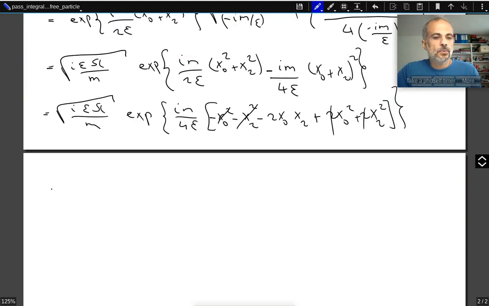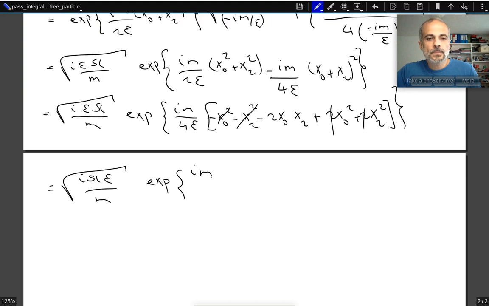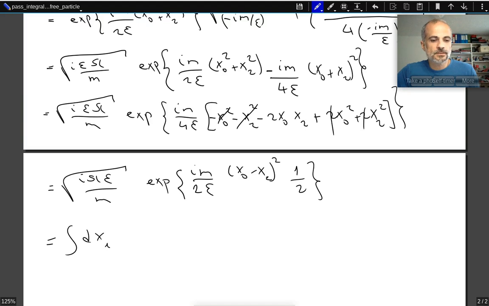And we end up having square root of i pi epsilon over m, exponent of i m over 4. Let me just write 2 for the time being. 2 epsilon of x0 minus x2 squared times 1 over 2. So this is the result of our x1 integral.